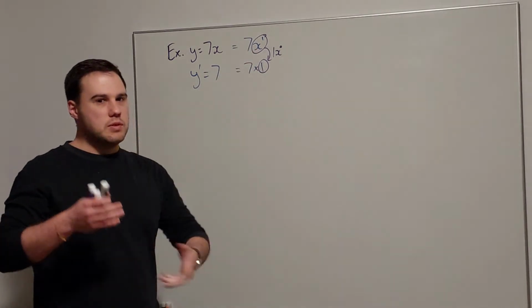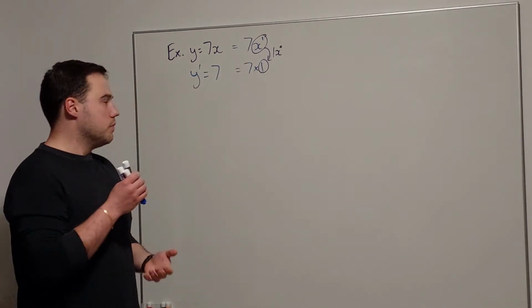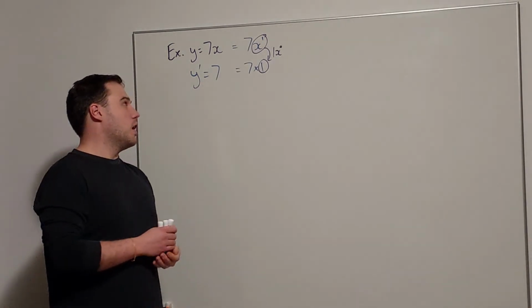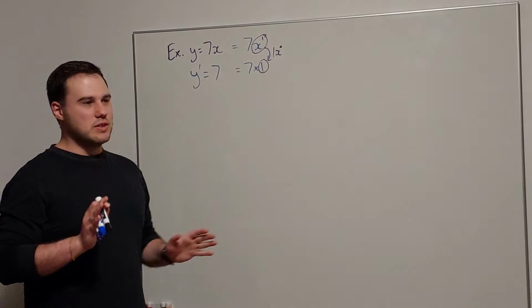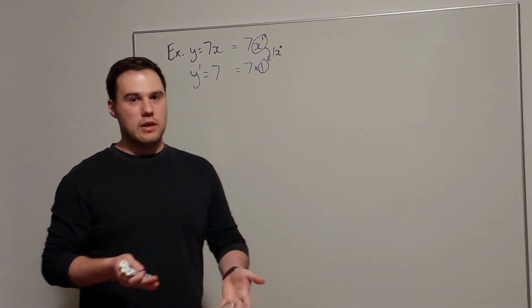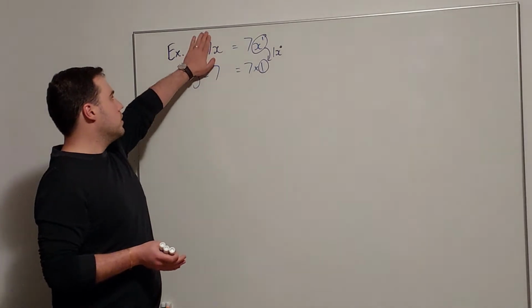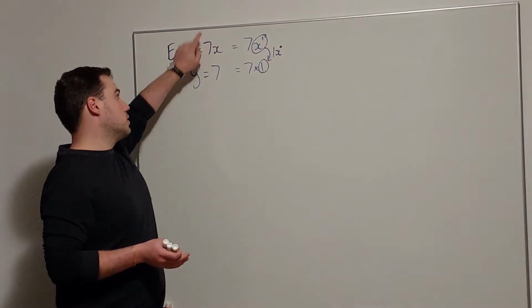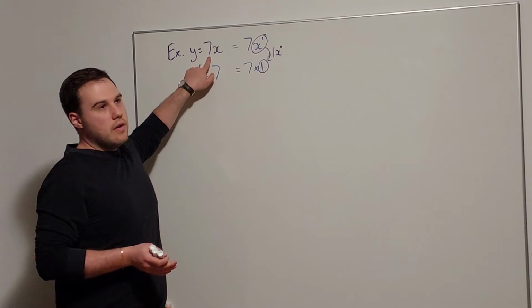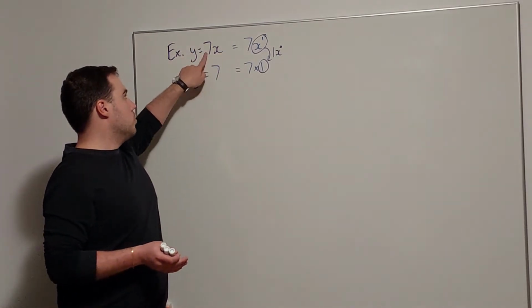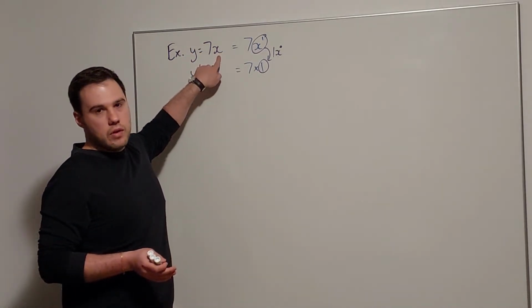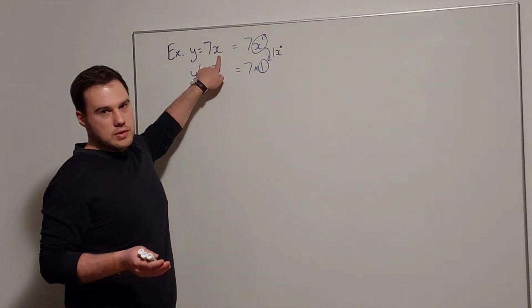Okay, so that might give us a bit of a clue as to how to do this. Maybe by chance it just works for linear functions, but in fact it will work for any type of function: if you know how to differentiate a certain function and you've just got a constant multiplying it out the front, the derivative of this function will be the constant times whatever the derivative of that function happens to be.